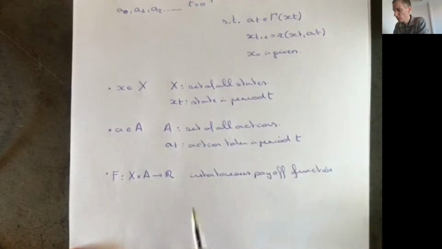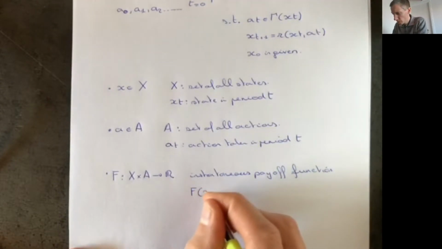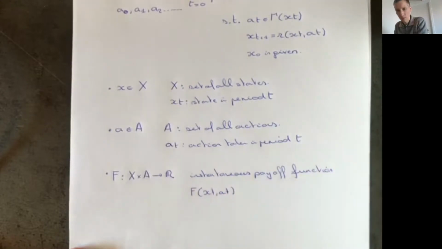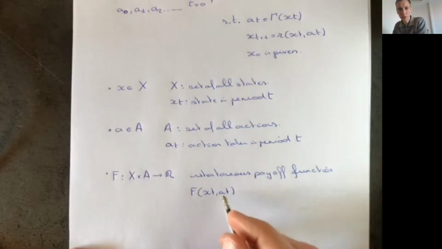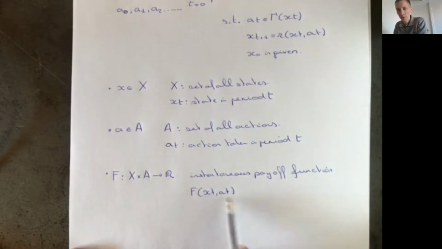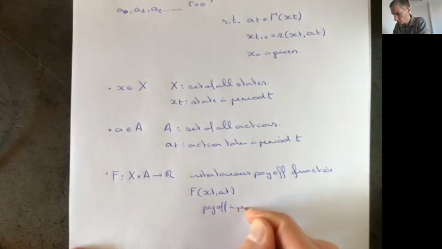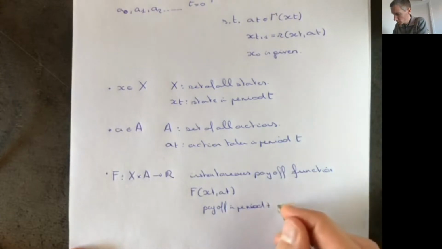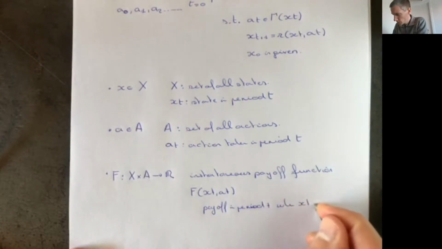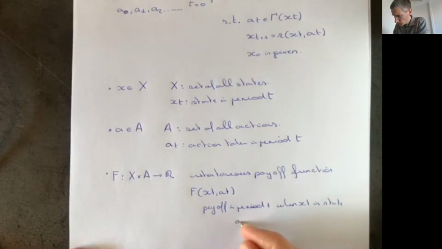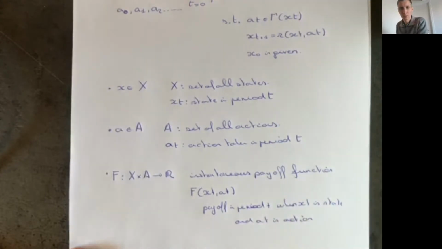Okay, so f of xt, at is the payoff that you get in period t when the state is xt and the action is at.